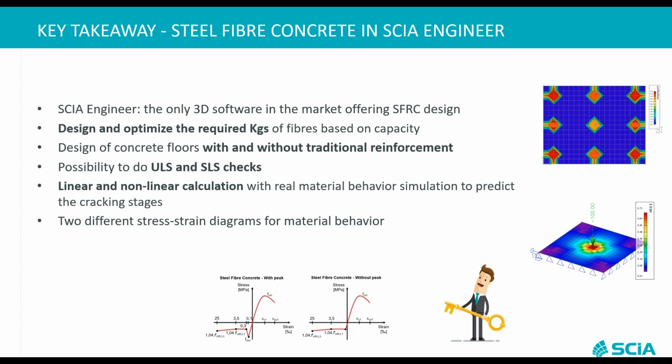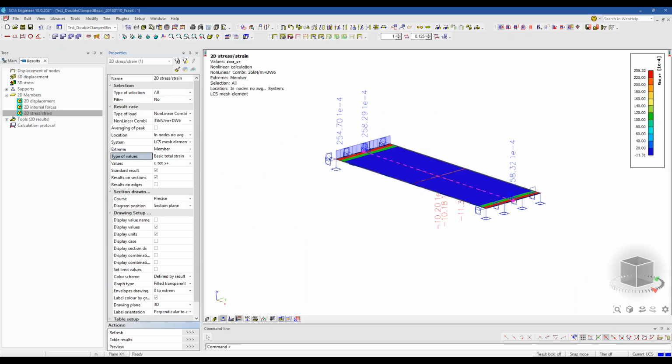The next question is someone asking whether in SCIA the input of the kilograms of the steel fiber will be inputted by SCIA or by the user. I think this is what I understand from your question. Definitely, inside the material library there is an amount of fiber. Maybe I can show you that again in SCIA Engineer.